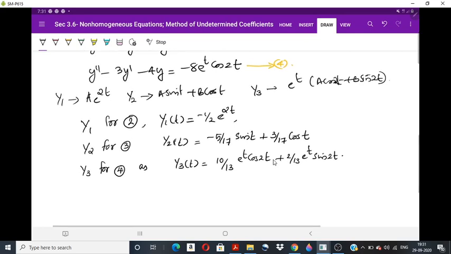Hence, using the rule 2 as we discussed above, we can have the particular solution.